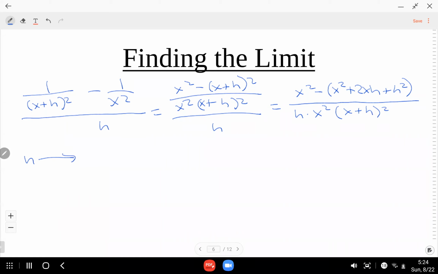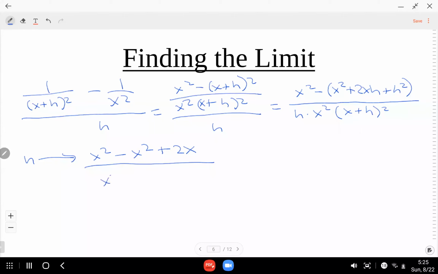Get rid of the h terms and their influence on everything. So x squared minus x squared plus 2x, all right, no h terms anymore. Because we're finding the limit of h, we can't use h in finding it.